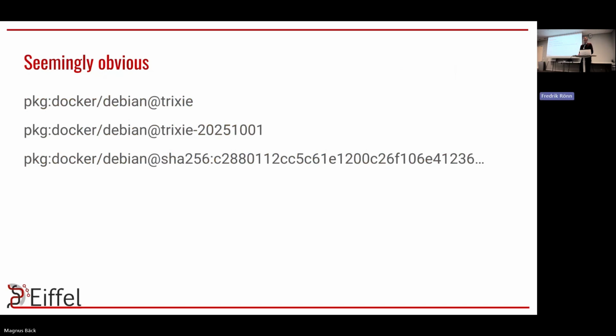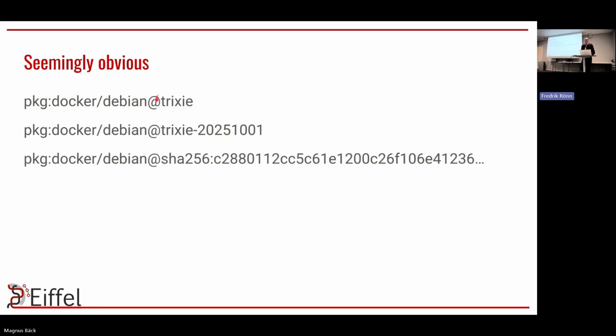First of all, when we talk about identity, I think it's really nice if entities have a single identity. That's kind of the point of identities. But as you can see here, these are three different and possibly equivalent identities of the same thing. In the first case, we have a name of the image, and we have a version.